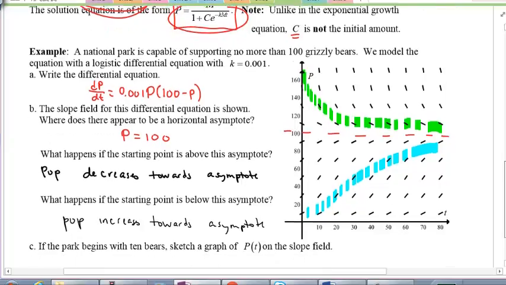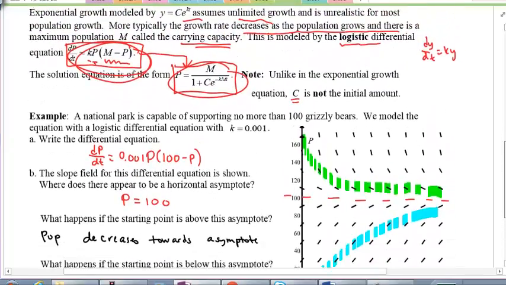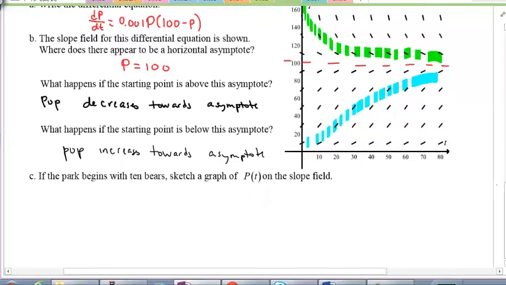Now, in our case, we're talking about a park, and the park actually begins only with 10 bears. So if it only begins with 10 bears, the question here is, can you sketch a graph of the actual population function on this slope field? So if I were to take 10 as the initial population, that's probably right about here, and I follow this slope field, I'm thinking everything has to be parallel, parallel, parallel.